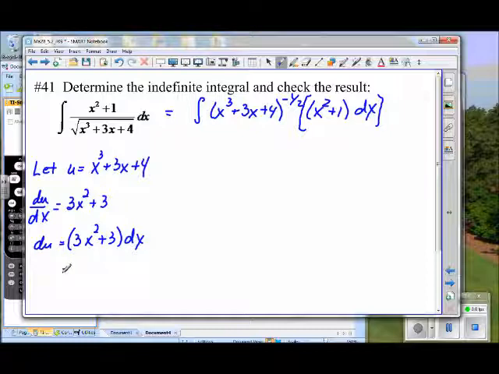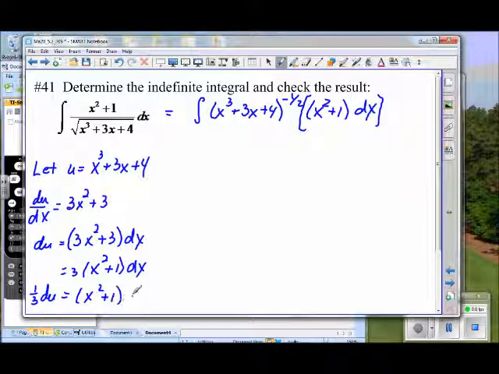Well, I do if I factor out a 3, so I'll do that. And then if I multiply both sides by 1/3, so I have 1/3 du equals x squared plus 1 dx, I do now have the same thing.